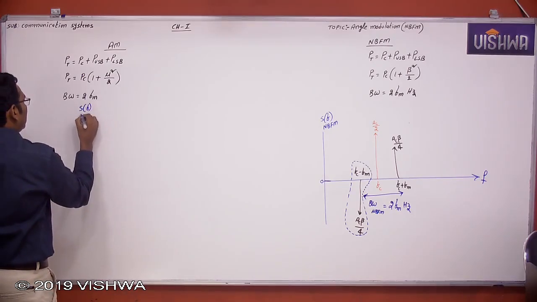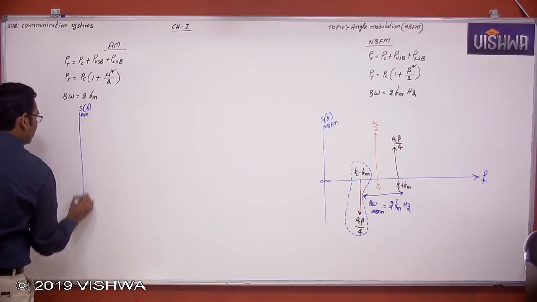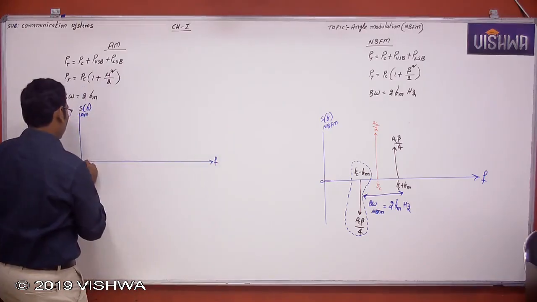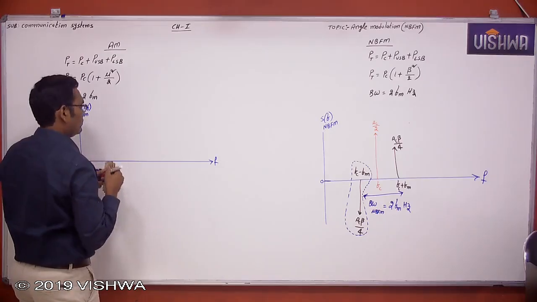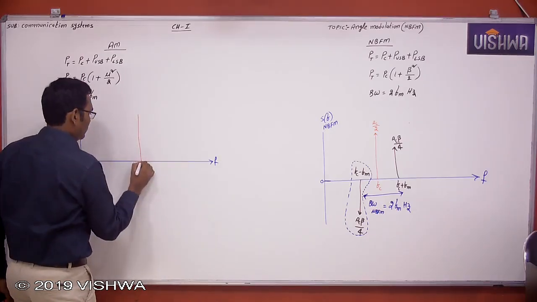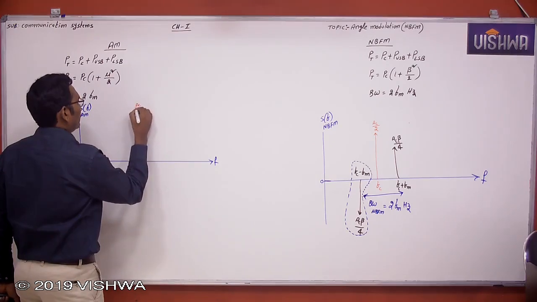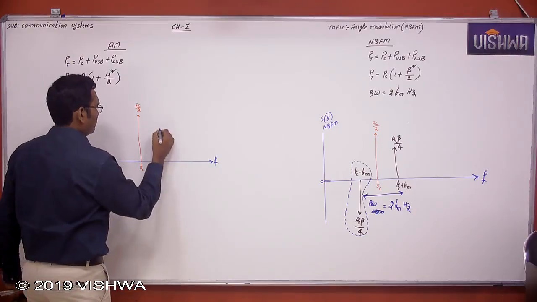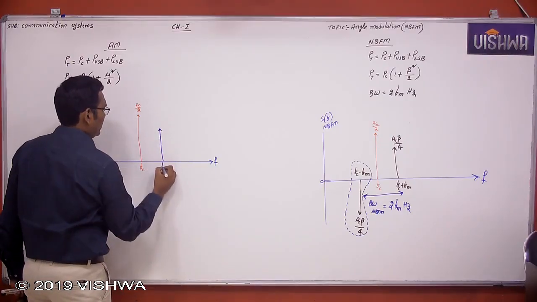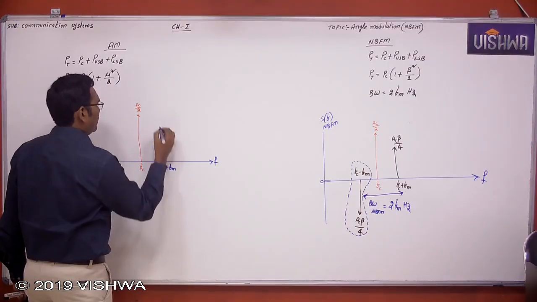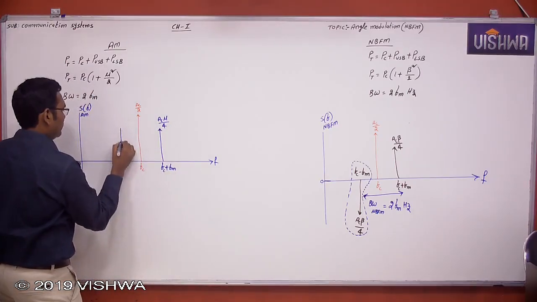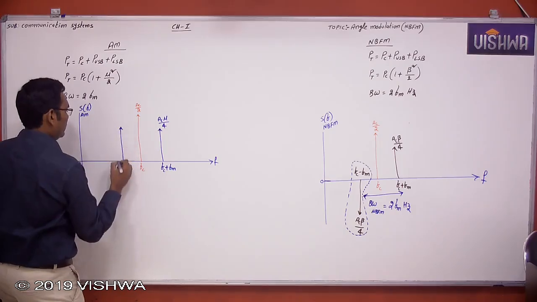AM is also having 3 spectral components, which are: Ac by 2 at Fc, Ac mu by 4 at Fc plus Fm, and Ac mu by 4 at Fc minus Fm.